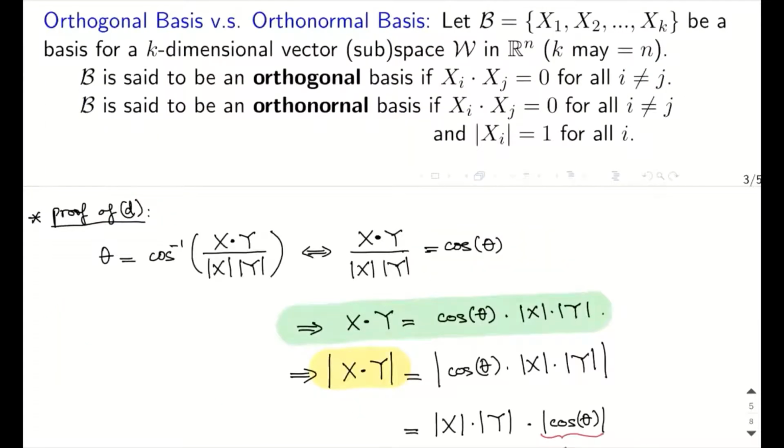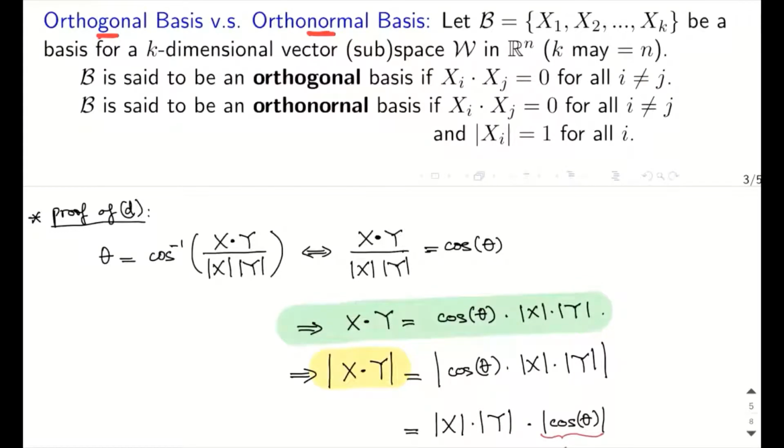Orthogonal basis and orthonormal basis. Now, first, let's start with a basis in a k-dimensional vector space. And for the context of this textbook, usually the k-dimensional vector space is going to be a subspace of some other higher dimension R^n, where n is greater than k. k can be equal to n, which is just the special case.